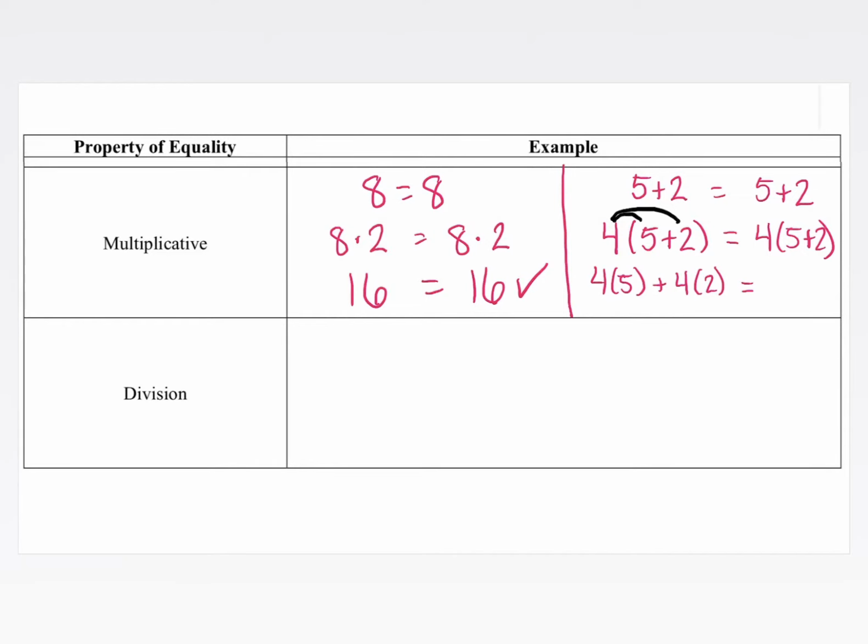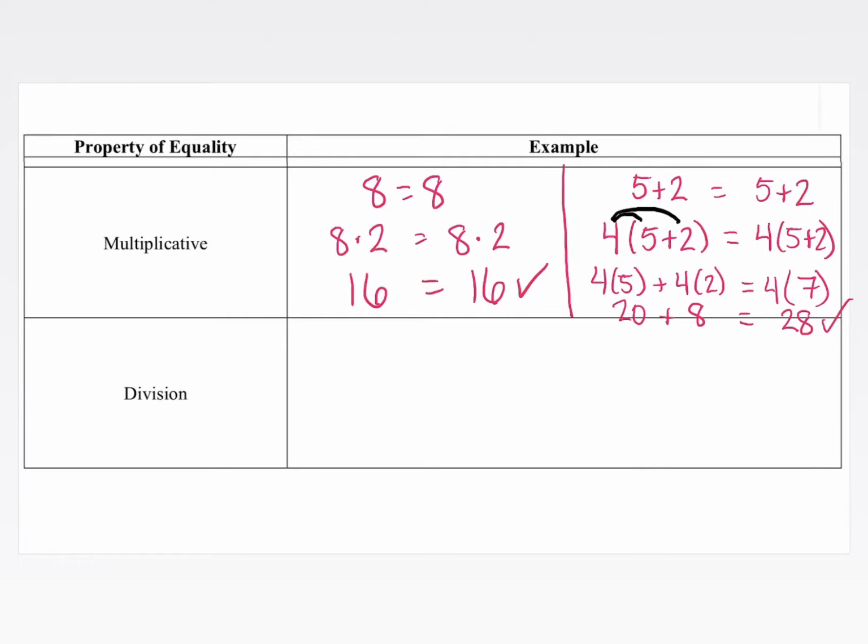So simplify in my parentheses first. 5 plus 2 is 7. And then we would multiply it by 4. On the left-hand side, if we simplify, 4 times 5 is 20. 4 times 2 is 8. And 4 times 7 is 28. Now, 20 plus 8 is 28. So it matches.